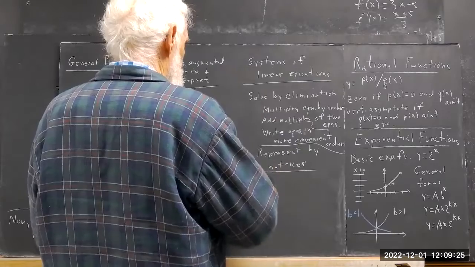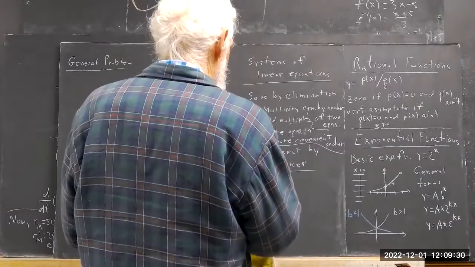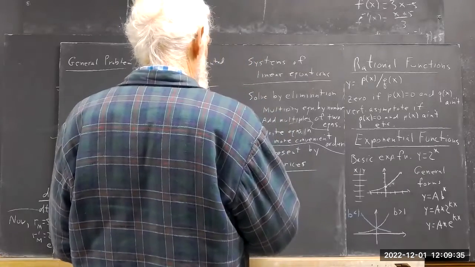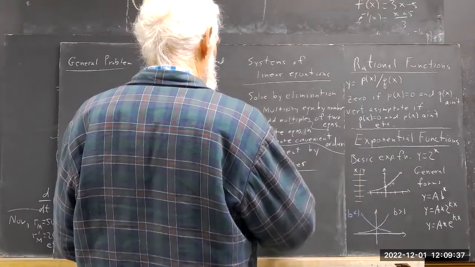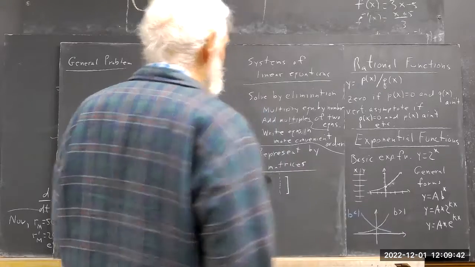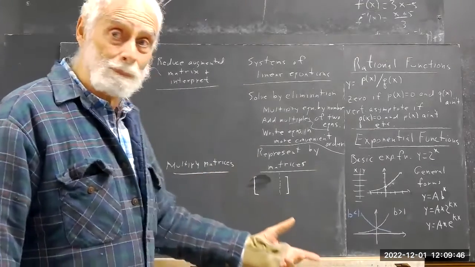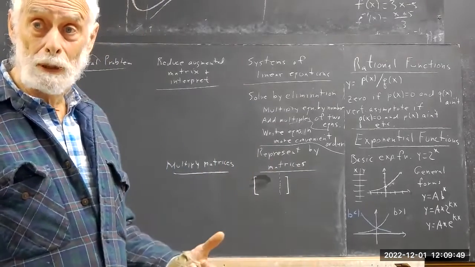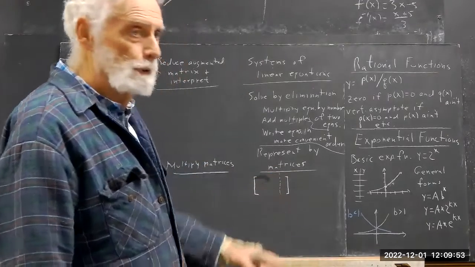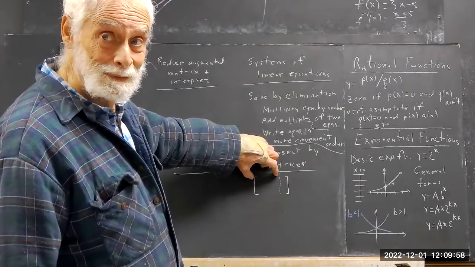Let's take the square brackets. Okay. That represents an augmented matrix. Now there's a single column of numbers here because this stands for the right-hand side of each equation.